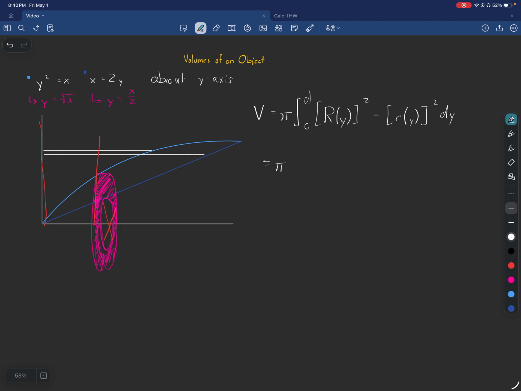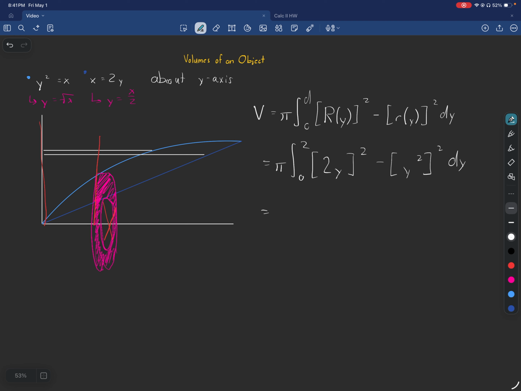It's pi times the integral from 0 to 2 for our bigger radius. Now here, instead of using the changed one, we actually use the original since it's a function of y. And here we would have our outer radius, so 2y squared minus y squared, dy.